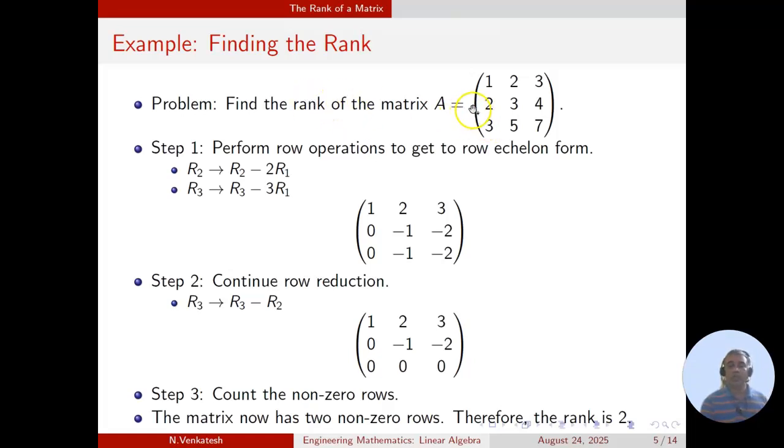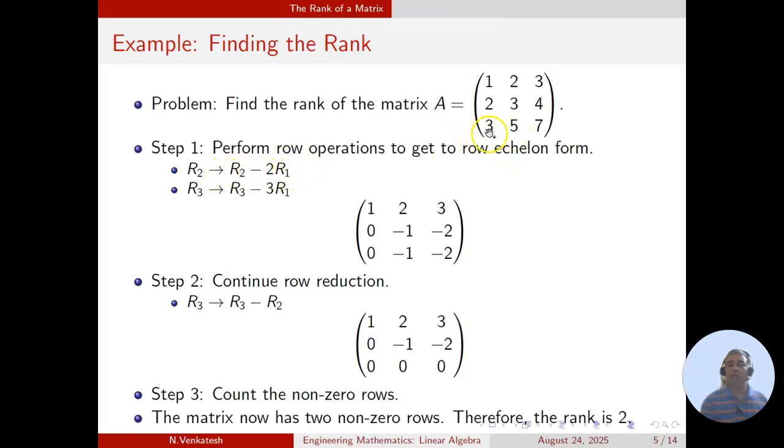Now here what we are doing is adding multiples of one row to another. That's the elementary operation that we are doing. To make this 2 as 0, just multiply row 1 elements with 2 and then subtract from R2. So that is R2 minus 2 R1.